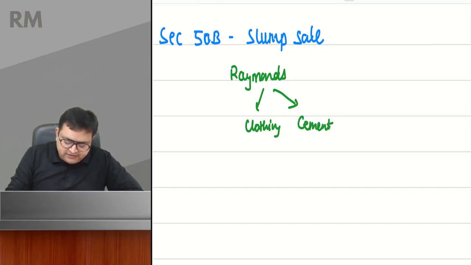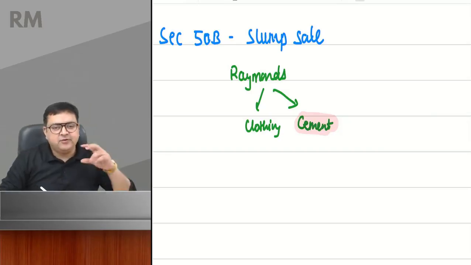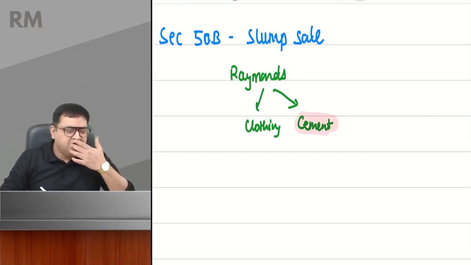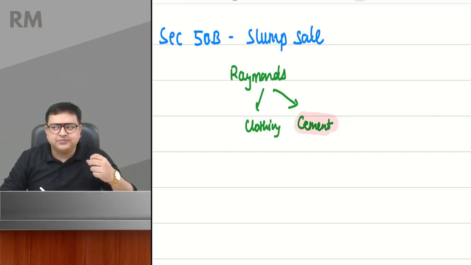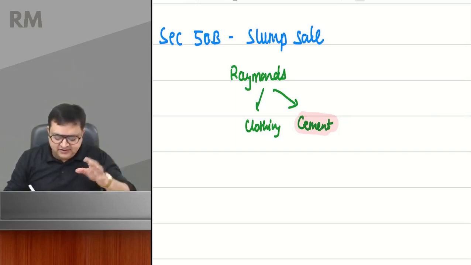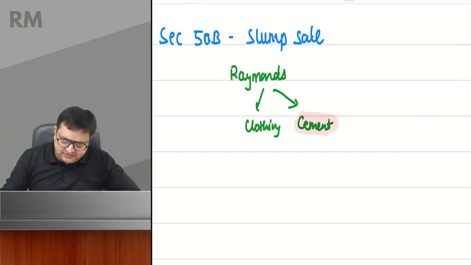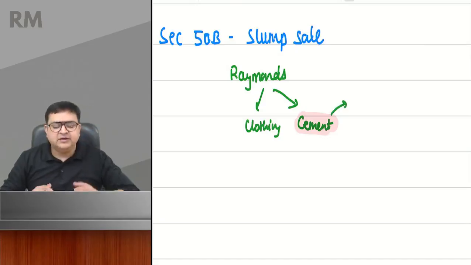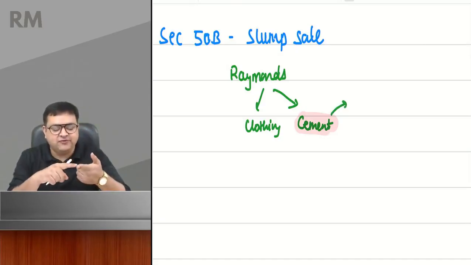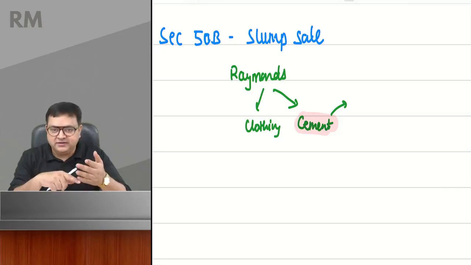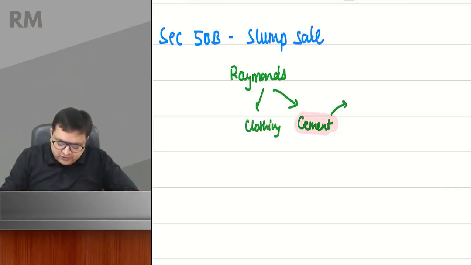Within a few years of starting the cement division, they found that they were not comfortable with this business, so they dropped it. They sold this entire cement division. The cement division might have its own factory, its own land, its own plant and machinery, and other assets and liabilities, which are only related to the cement division.